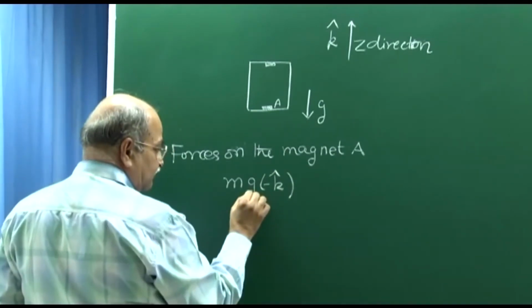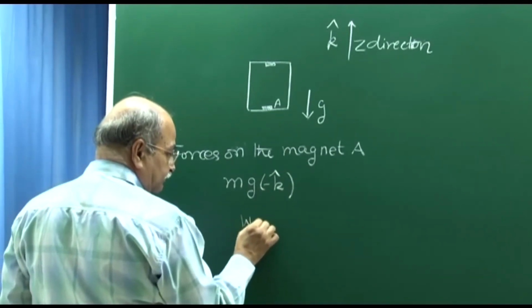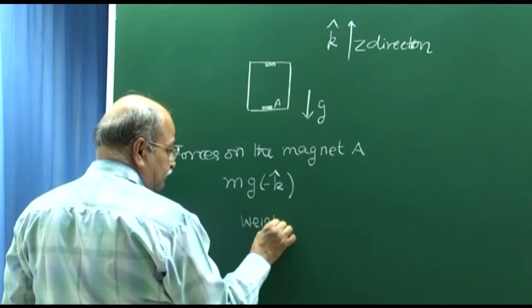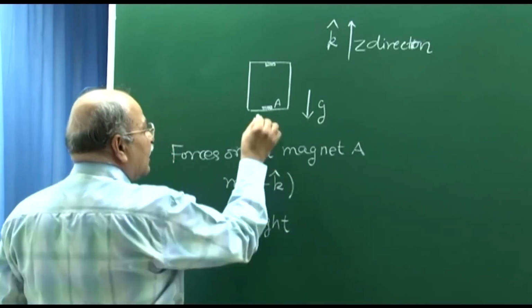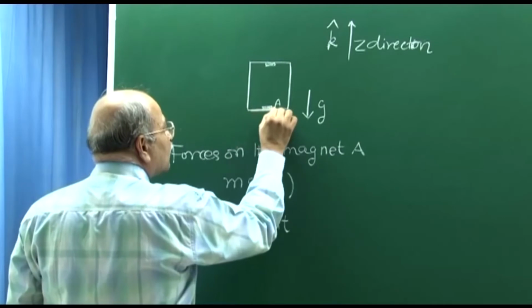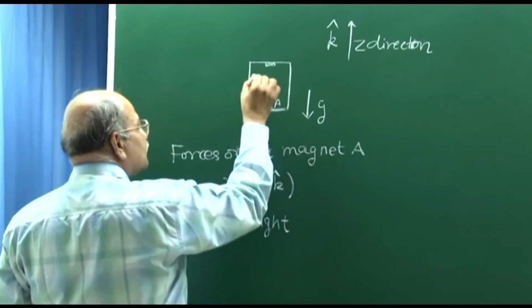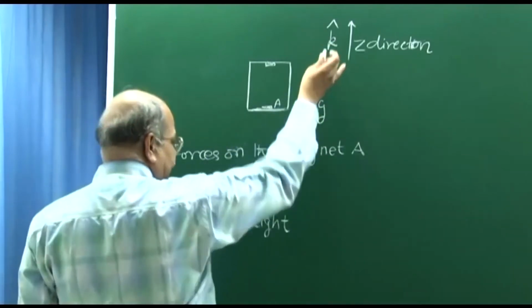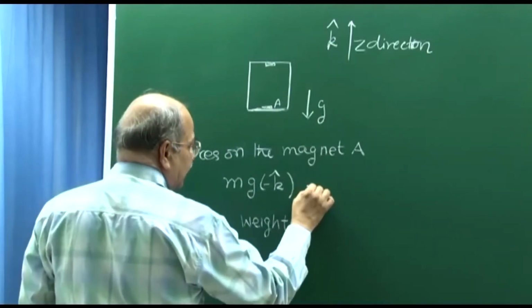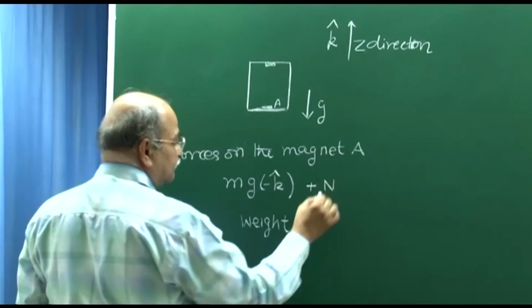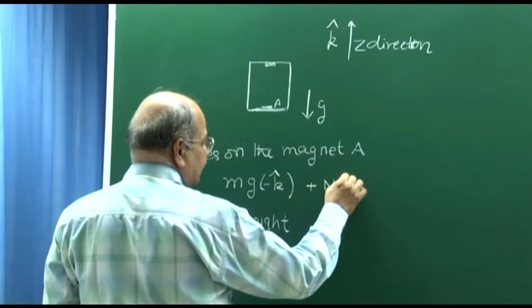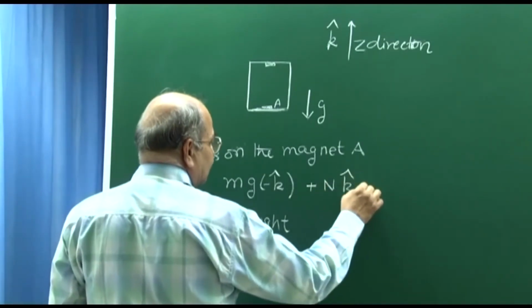This is the weight. Then I have the normal reaction force from the bottom, which will be in upward direction, so you can write that as N k cap.